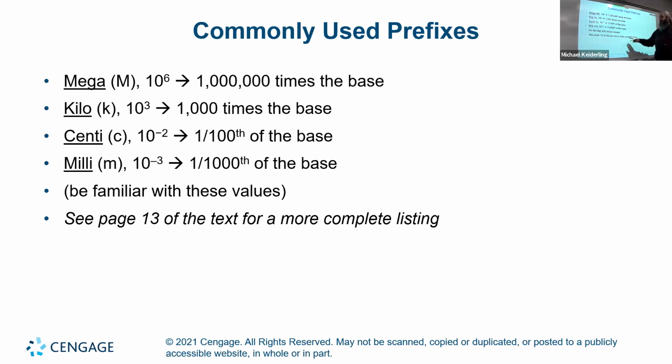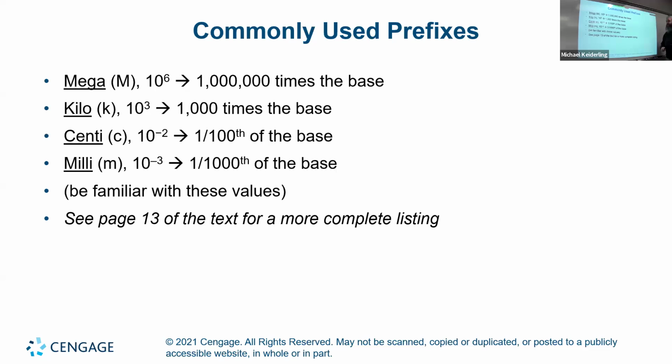There's a full table on page 13 of your text. If you need to do conversions, I will be giving you conversion factors for units between systems, from imperial, from US to metric or vice versa. But I will expect you to know what all the prefixes mean.